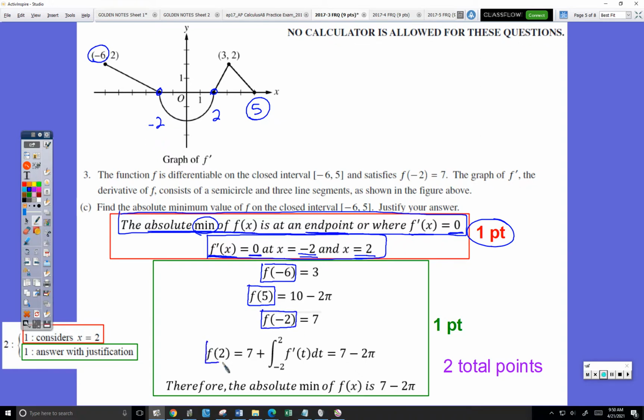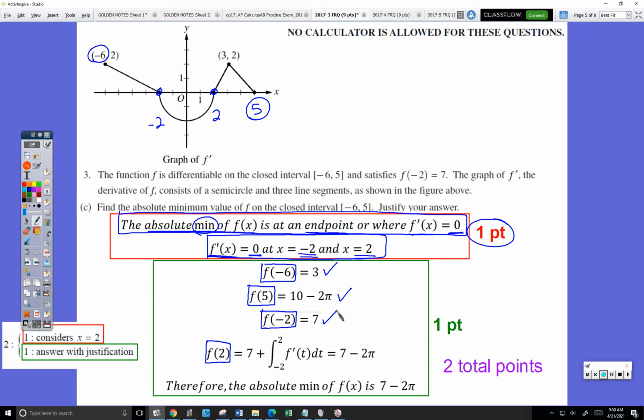Well, they helped out quite a bit because we already found f of -6 in part A. We already found f of 5. They tell us f of -2. So I just have to use the fundamental theorem one more time to find f of 2 itself.